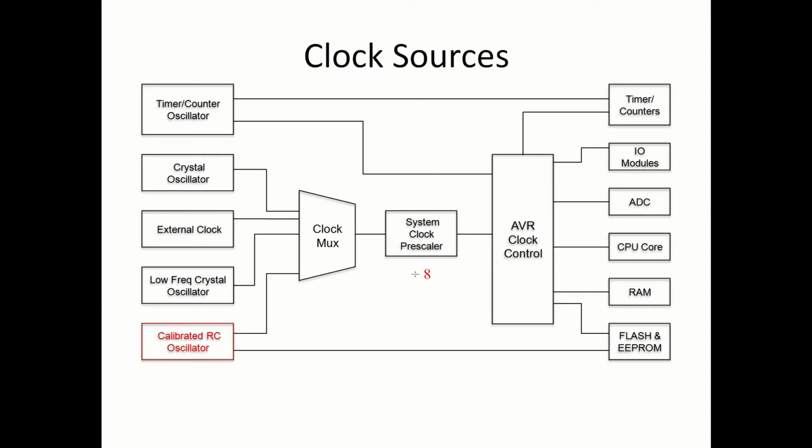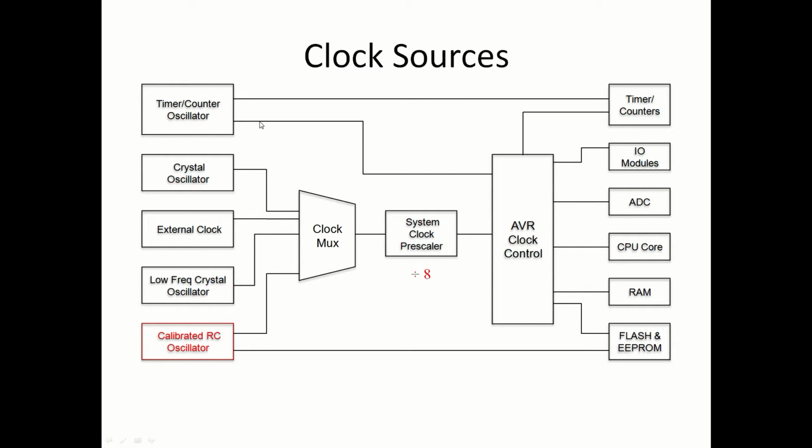Generally, the RISC controllers have many clock sources. As can be seen, there is a main crystal oscillator where the clock can be generated, or it can be an external oscillator, or a low frequency oscillator like 32.768 kilohertz, or an RC oscillator.